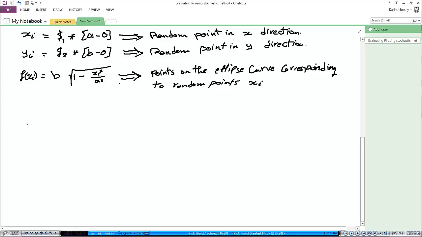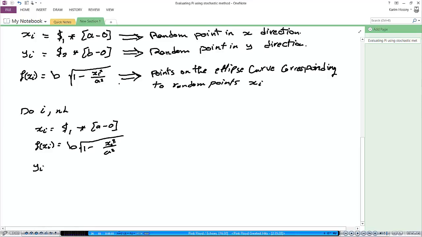Therefore, for the number of histories: xi equals random number 1 multiplied by a minus 0, f of xi equals b multiplied by square root of 1 minus xi squared over a squared, yi equals random number 2 multiplied by b minus 0.